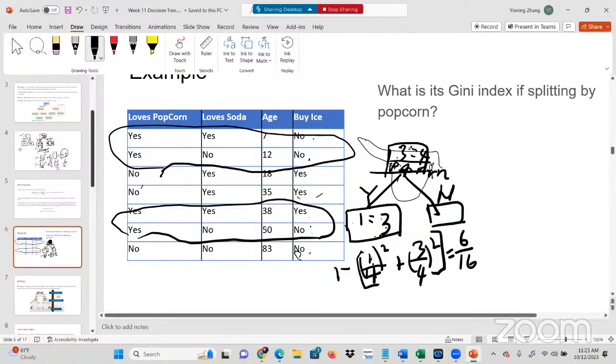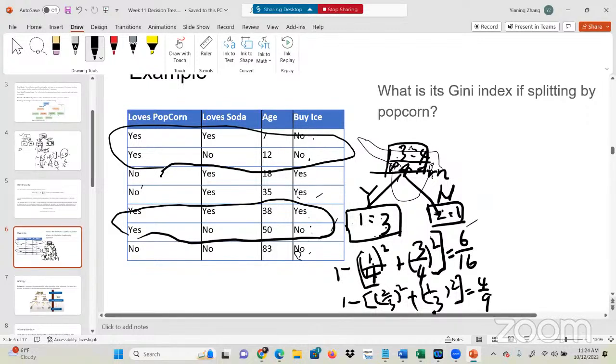So the ratio is 2 to 1, and then the Gini impurity is 1 minus, you tell me, 2/3. 2/3 squared plus 1/3 squared, and this one is 4/9. And then we are calculating the impurity of this whole group.